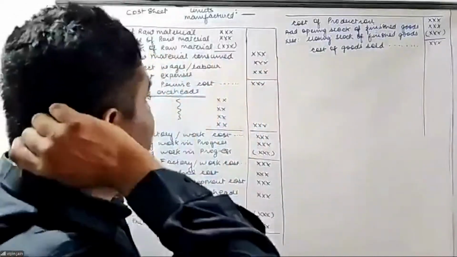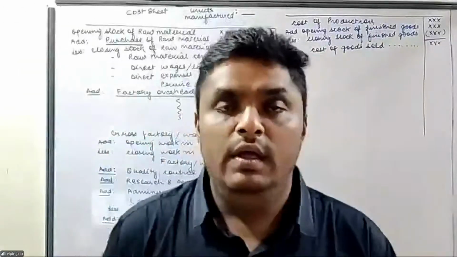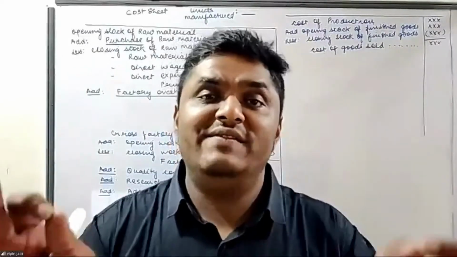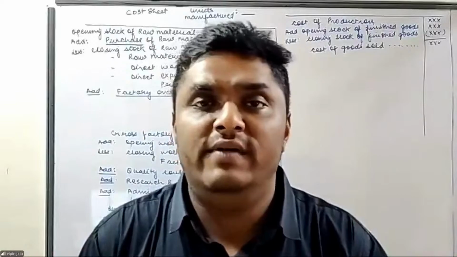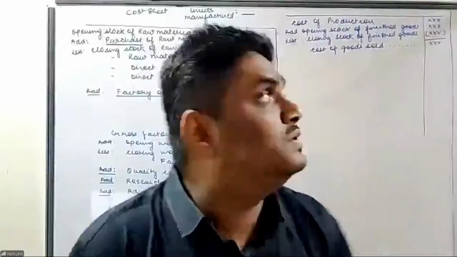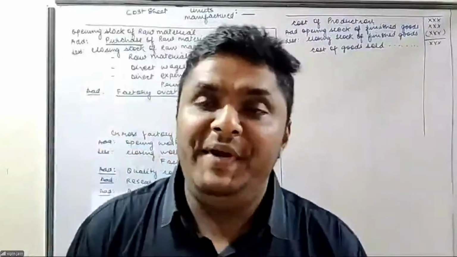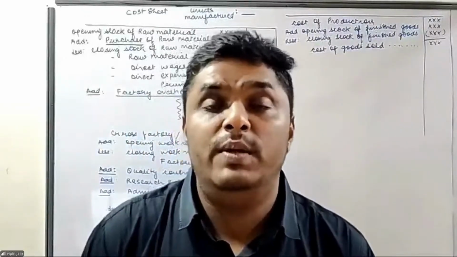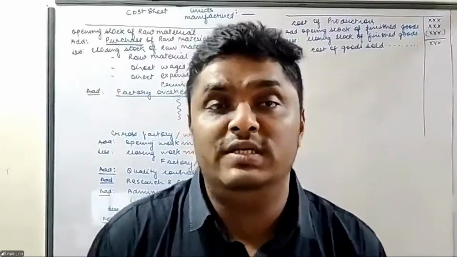Now, very important, guys. In question, in 100% cases, the value of opening stock will always be given. But the point is, what will be the value of finished stock or closing stock? I repeat again, the value of opening stock will always be given in the question. But the point is, what about the value of closing stock?